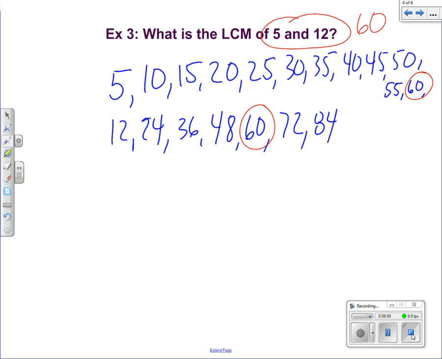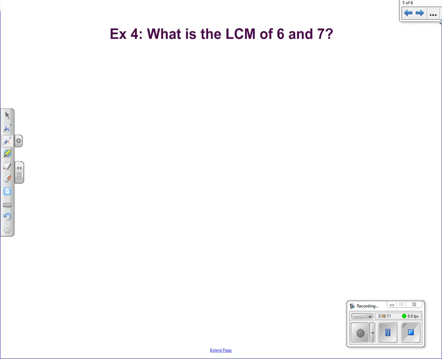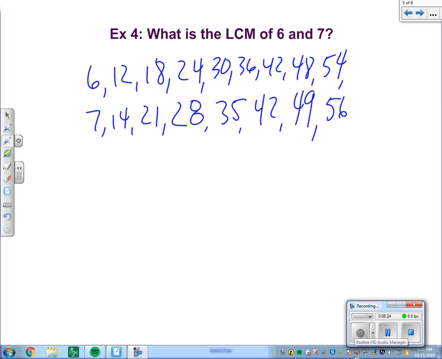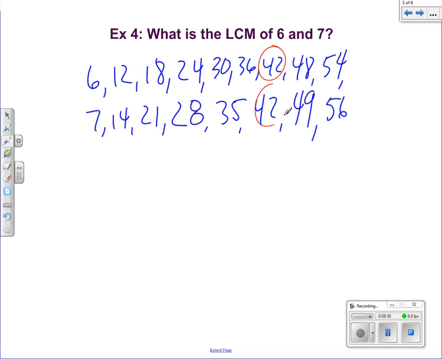One more example. What is the LCM of 6 and 7? You do the same thing. Hit pause, work it out on your own, and then check your answer. I think I found it! I got 42. Did you get the same thing? That's my least common multiple, 42.